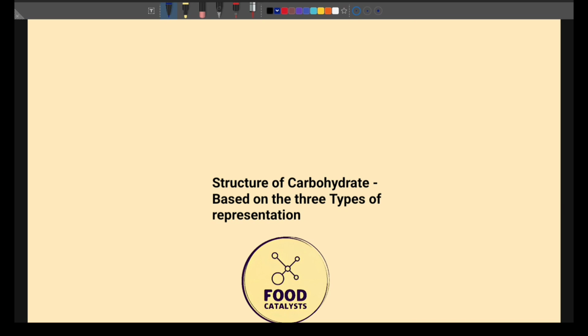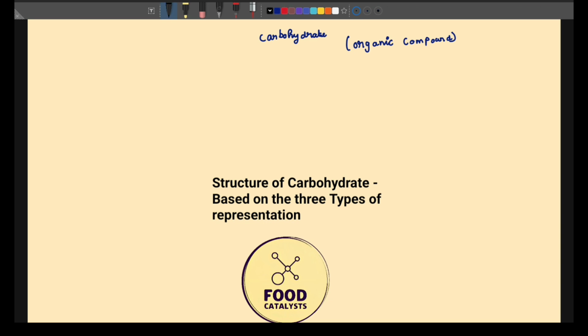So carbohydrate is an organic compound. Why do we say this is an organic compound? If carbon is present in a compound, then we call it an organic compound.